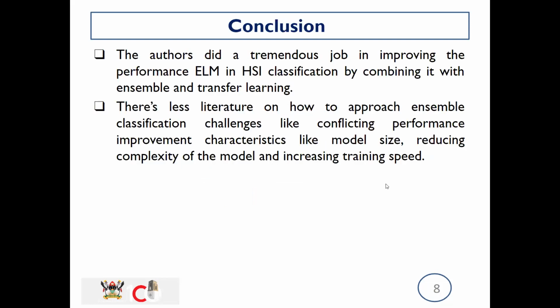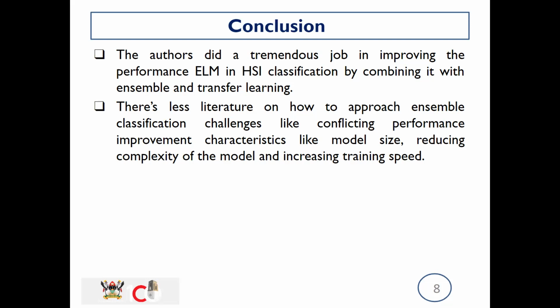So for the conclusion, I acknowledge the tremendous job done in improving the application of extreme learning machines in hyperspectral image classification by combining it with ensemble methods and transfer learning.